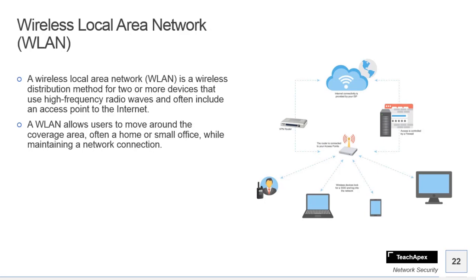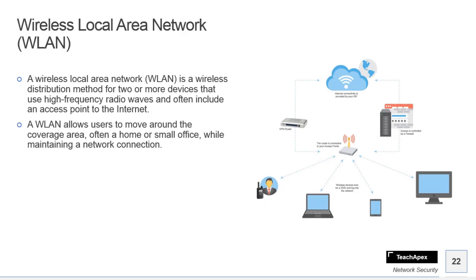A wireless LAN is a wireless computer network that links two or more devices using wireless communication within a limited area, because LAN is for a limited area. That's why wireless LAN is also for a limited area, but with wireless technology.